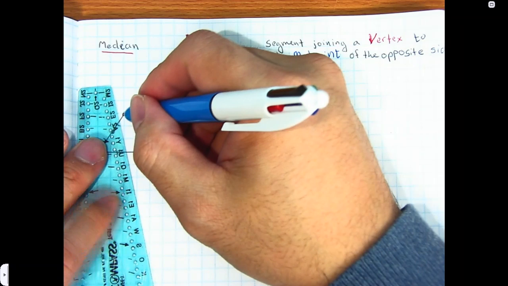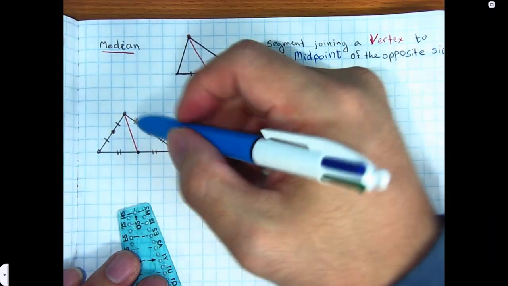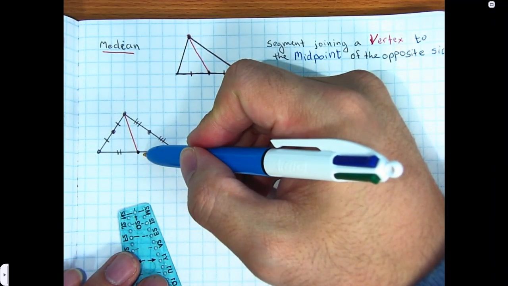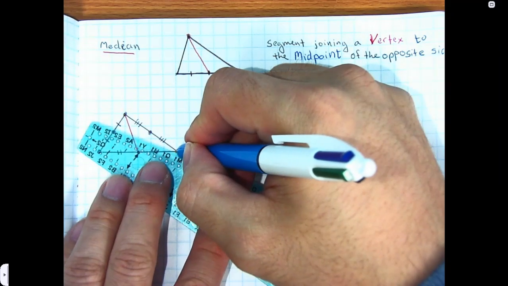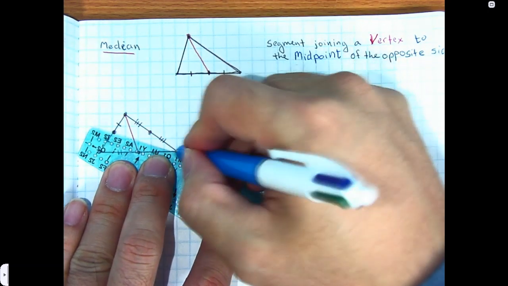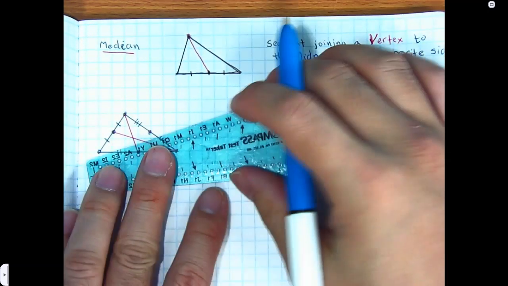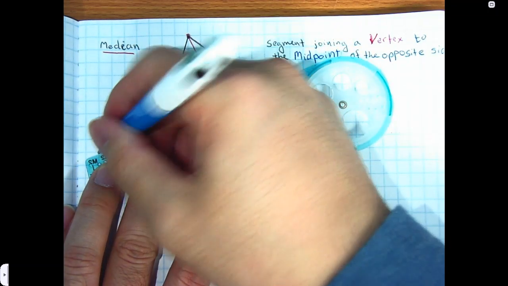And so when we connect our medians together, this vertex will connect to the opposite midpoint. This vertex will connect to, well, not these two because they are already connected, the non-connected midpoint. That's our second, and this vertex will connect to the last.